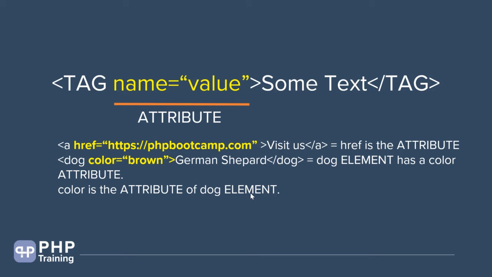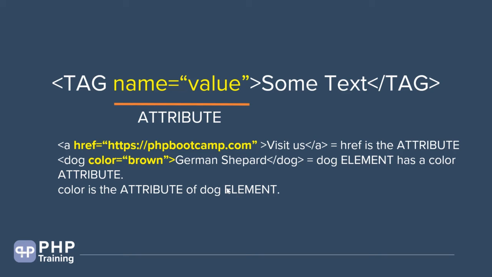That's how you read it. I'm trying to tell you how to read these attributes. So the dog element has a color attribute, and href is an attribute of the anchor tag. The a tag is also called the anchor tag. And you can also say color is the attribute of the dog element. Okay, this is how you read an attribute.